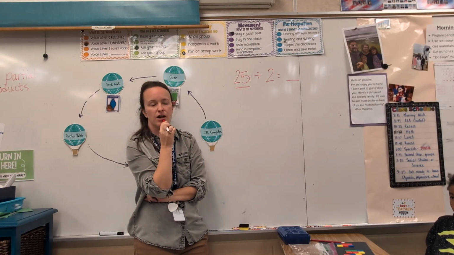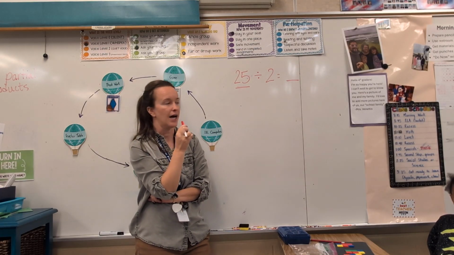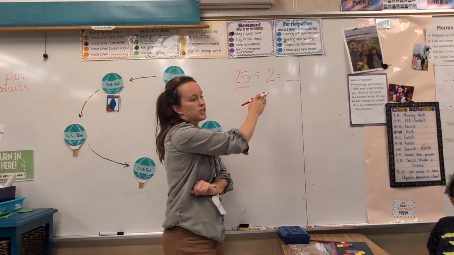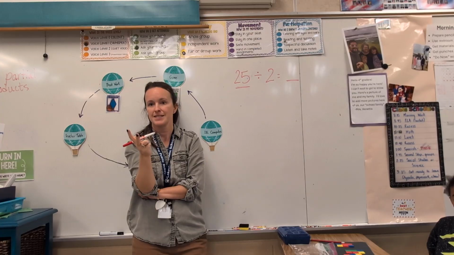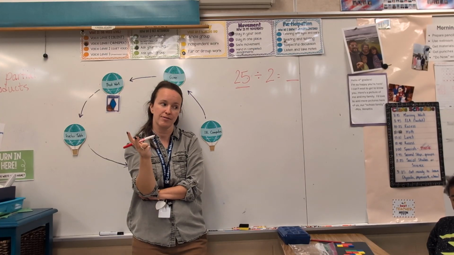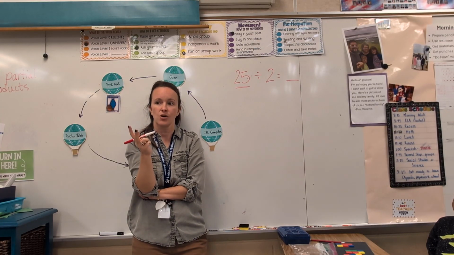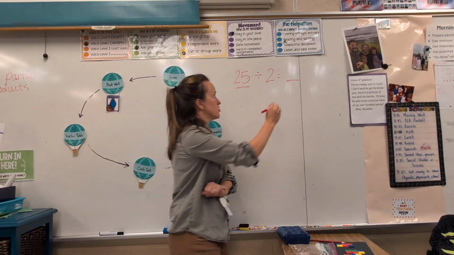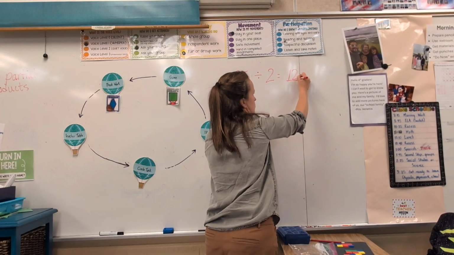25, is it even or odd, Alon? Odd. So does that mean that there's no number that I could times 2 by to get to 25? Right. So what gets us close to it? Yeah, 12 times 2 gets me 24.